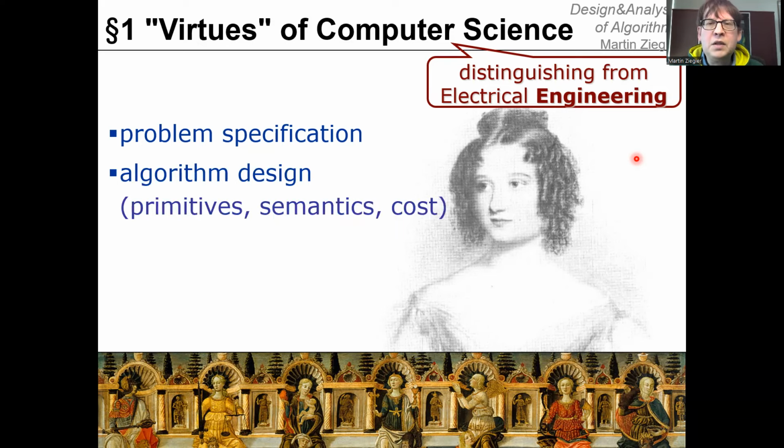Moving on, the next virtue is algorithm design. Algorithm design involves talking about the primitives that we can use to design an algorithm, the semantics, the meaning of these primitives, and the cost associated with these primitives. So let me tell you a short anecdote about that.